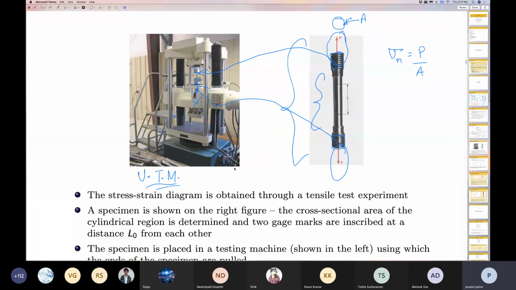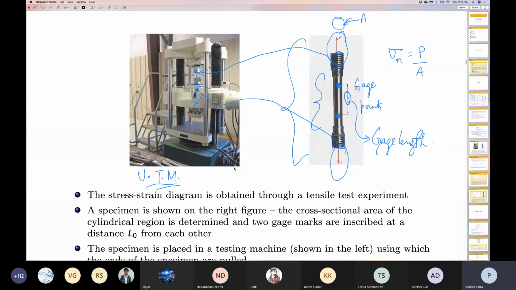But how do you calculate strain? In order to calculate strain, we take help of what are known as gauge points. So you see over here, two specific points are marked on my specimen and they are called gauge points. And before I begin the experiment, I measure the distance between these two gauge points, and this distance is known as the gauge length or initial gauge length.